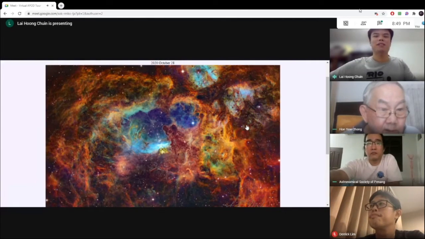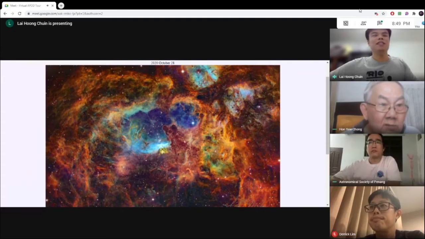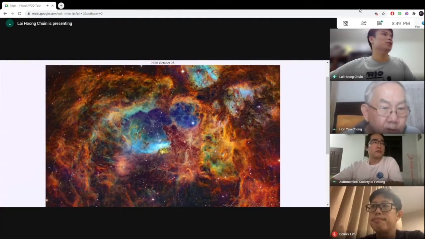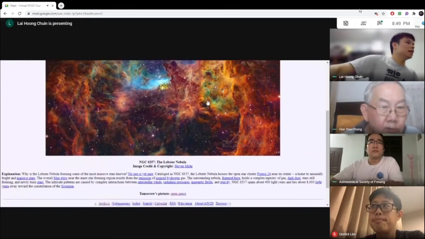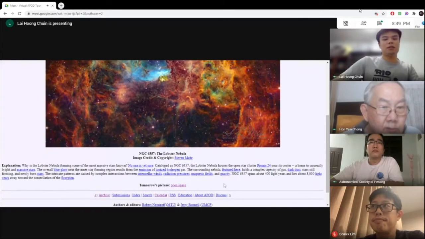That means the mass is 300 times that of our sun. Only after that they realized that it's actually a triple star system. That means there are actually 3 stars, and they saw 2 stars inside this Pismis 24 number 1. So this is about the Lobster Nebula. And let's have a look at the caption.